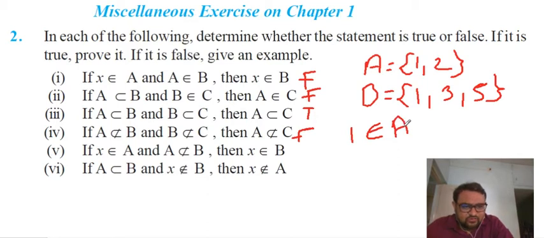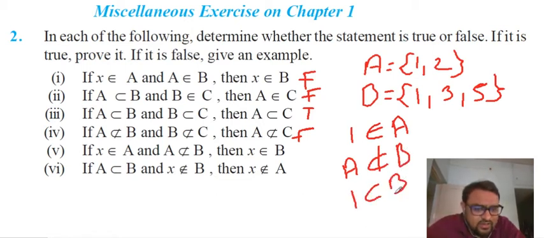A is not a subset of B because 2 is not there in B. But 1 also belongs to B here, right? So what does this mean? Sorry, my mistake. It's not necessary that if A is not a subset of B, then X belongs to A implies X belongs to B, right?